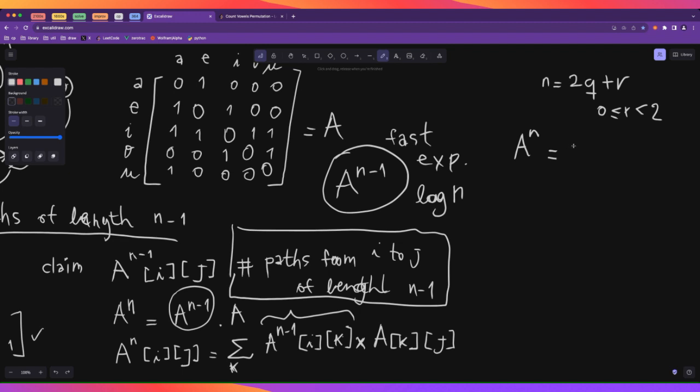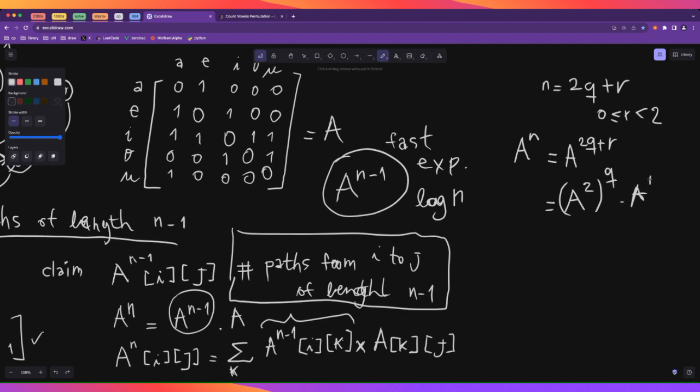And so you can replace n by this expression, and by the rules of the exponents, this is equivalent to a squared to the q times a to the r.